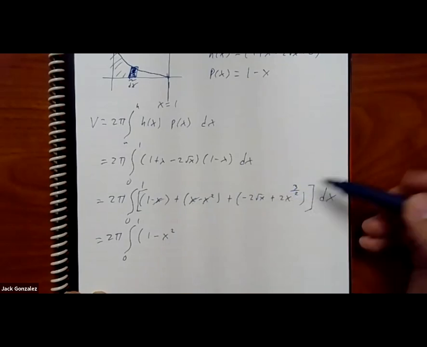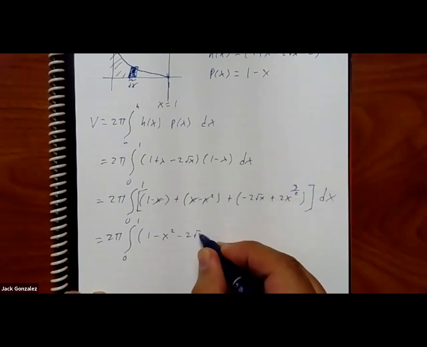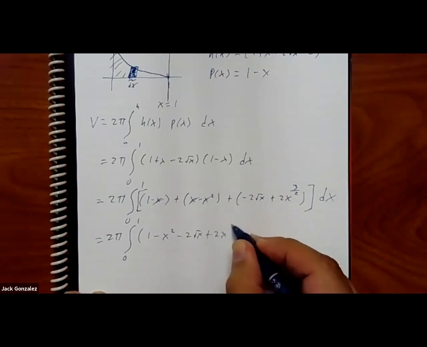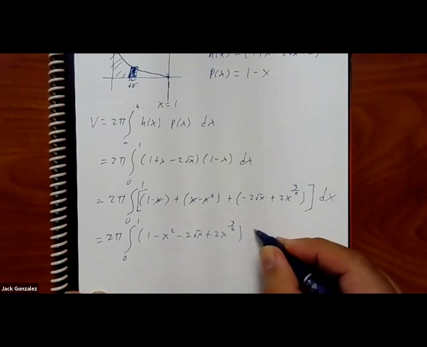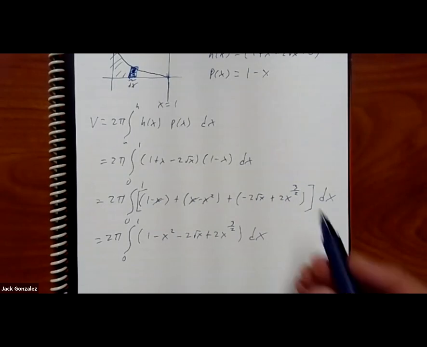Negative 2 root x plus that guy. Okay. So there's the algebra.